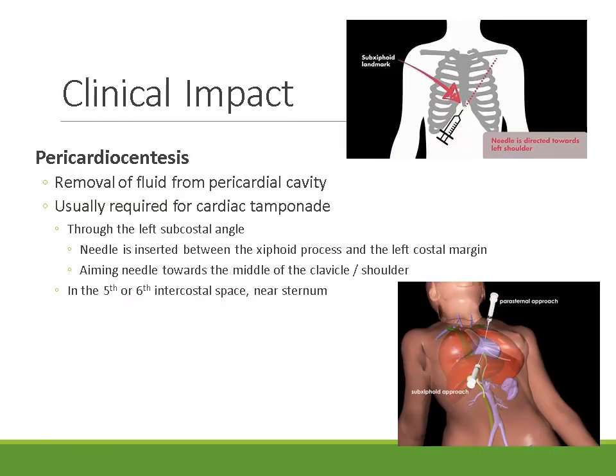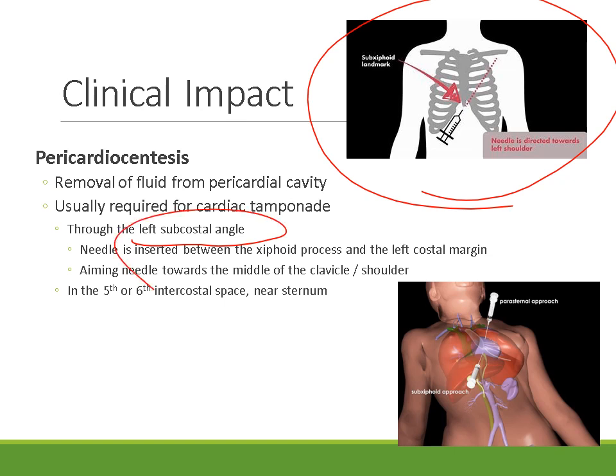Pericardiocentesis is when we do a procedure to remove fluid from the pericardial cavity. This is usually required for cardiac tamponade in order to relieve the pressure on the heart. Here in this picture, you can see one angle that we can insert the needle at in order to remove that fluid. This is through the left subcostal angle. So subcostal is like beneath the ribs.